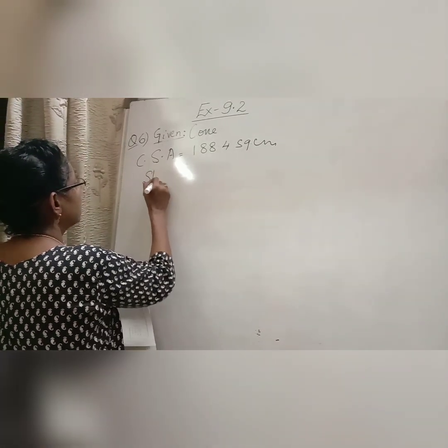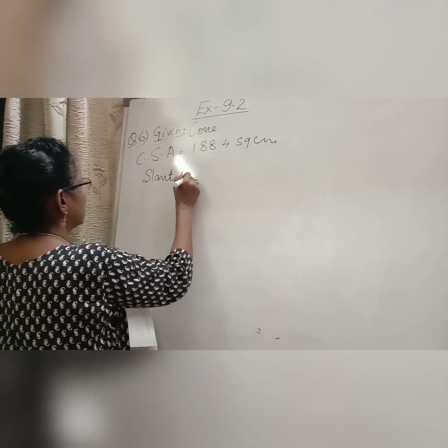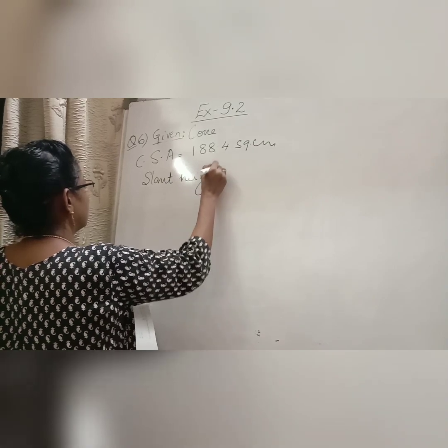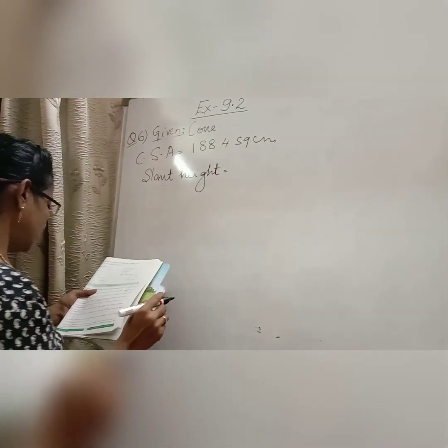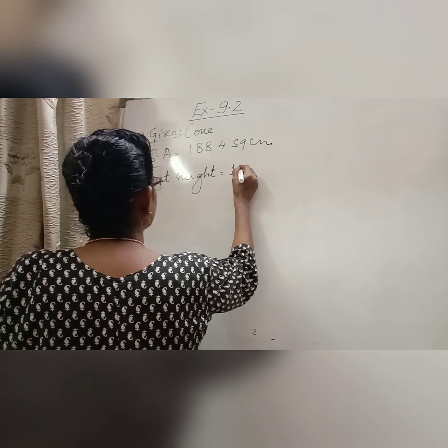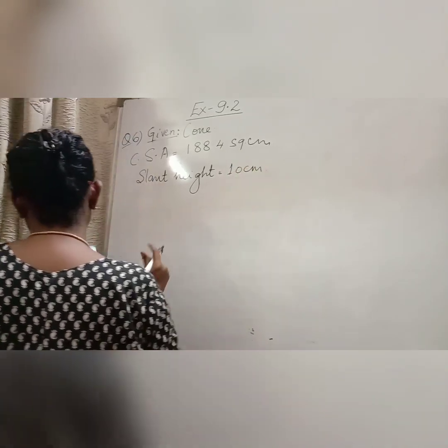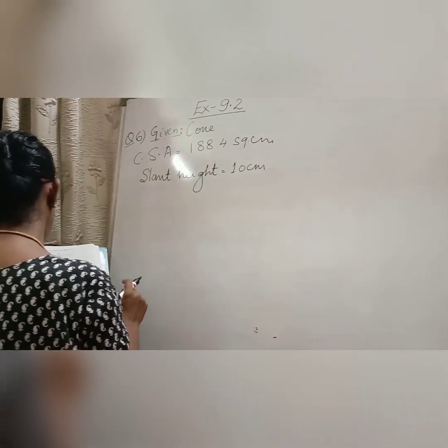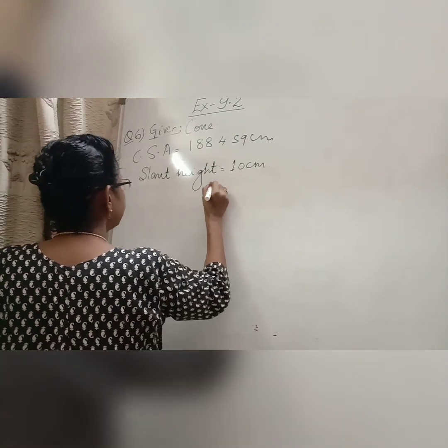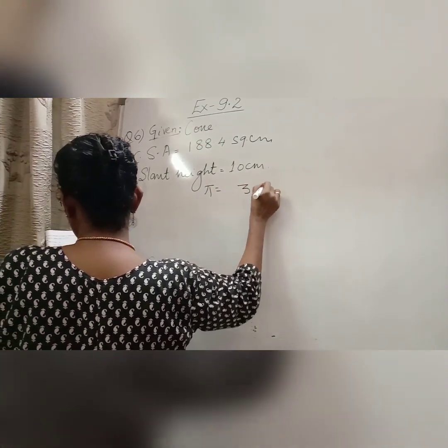Slant height is equal to 10 centimeter. We have to find perpendicular height. Pi is given as 3.14.